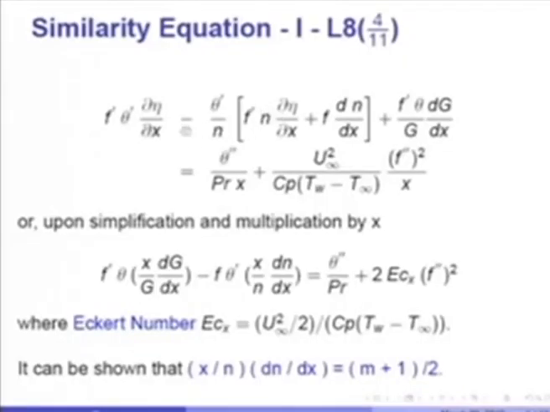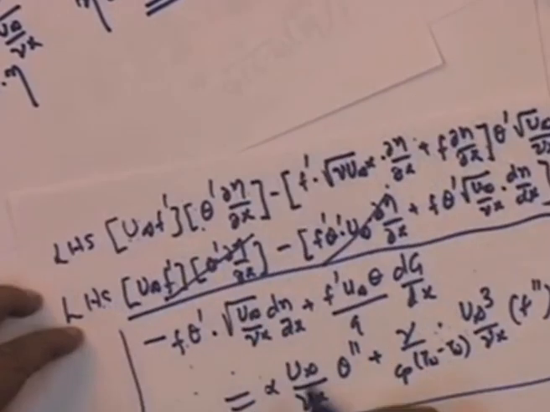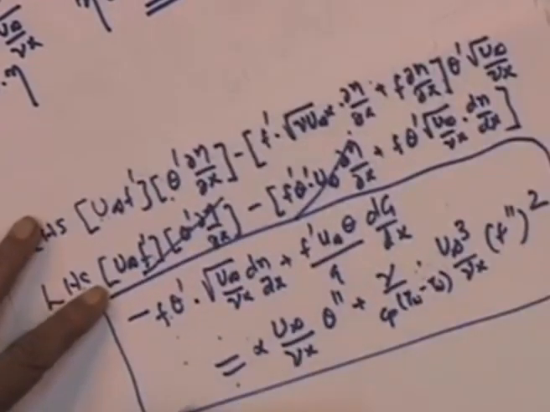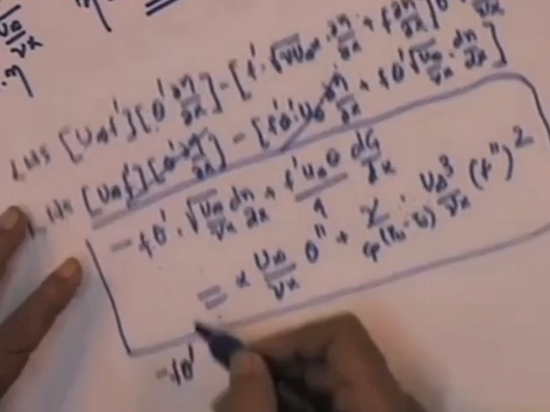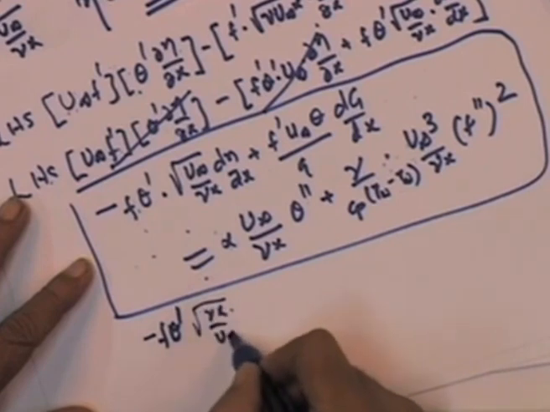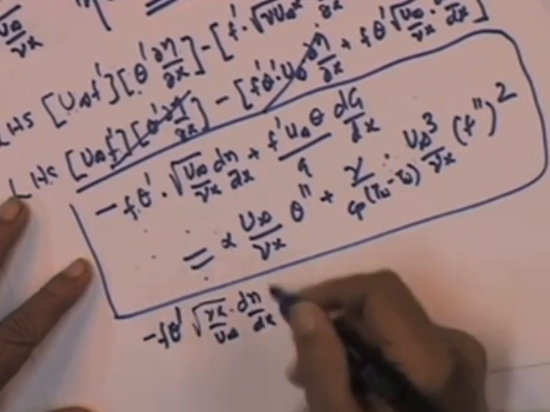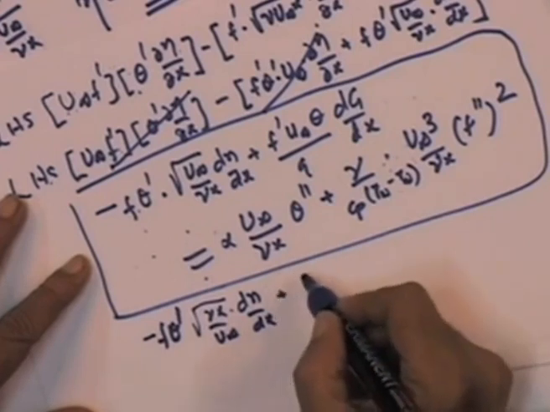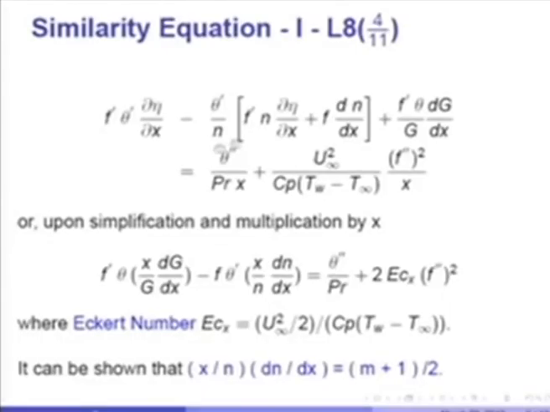You will see these two terms now get cancelled. U infinity by nu x, as you can see, is simply n over nu x. I divide through by u infinity by x, then you will see you will get minus f theta prime into under root nu x by u infinity dn by dx plus f dash, and n and n will get cancelled and this term gets cancelled with that one, and minus theta dash n f dn by dx is equal to all this.